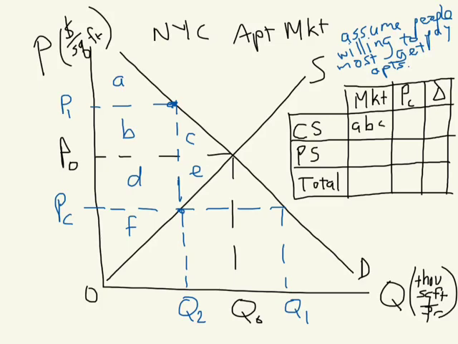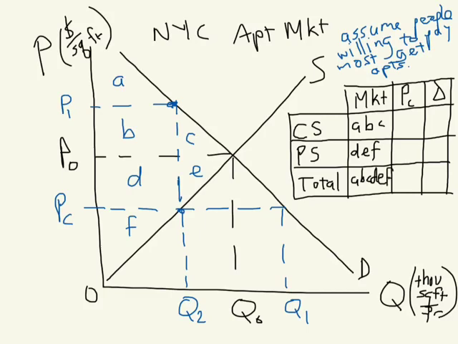And then same idea for producer surplus in the market case. The producer surplus was the area below the price line above the marginal cost. We get area D, E, F. The total surplus is A, B, C, D, E, F.